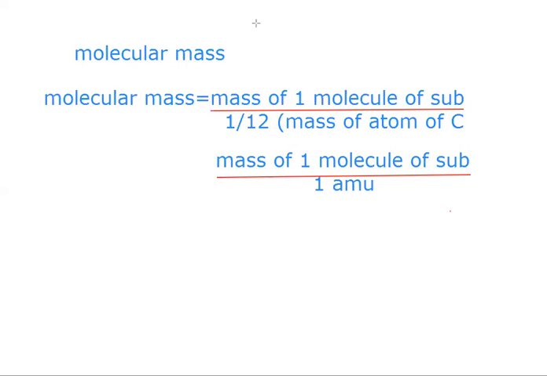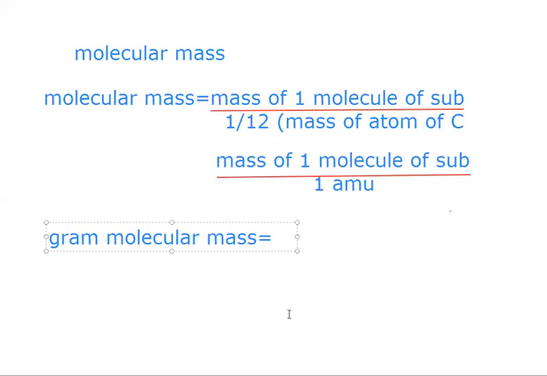So we can calculate with the same formula for the gram molecular mass as we considered for the gram atomic mass. Its formula will be the same as that for an atom.